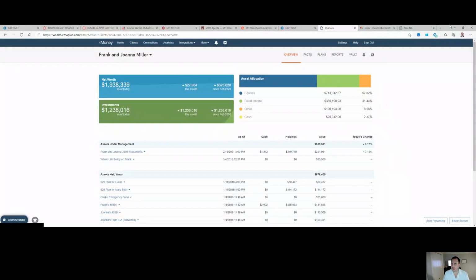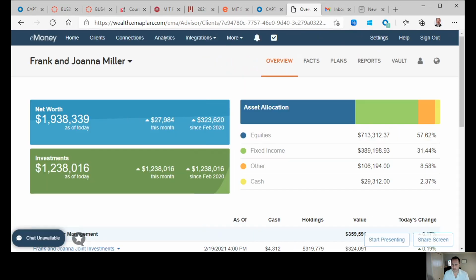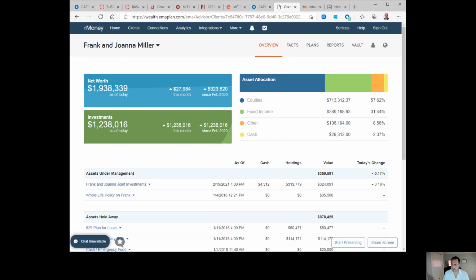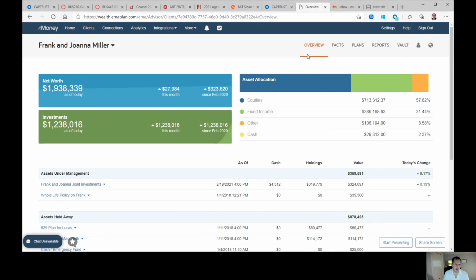Okay, so right here we see Frank and Joanna Miller. They have a net worth of 1.938 million and investments of 1.238 million.